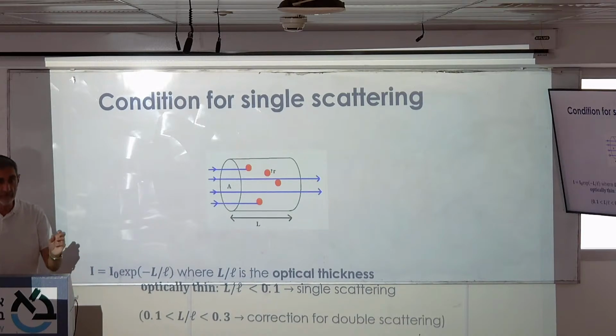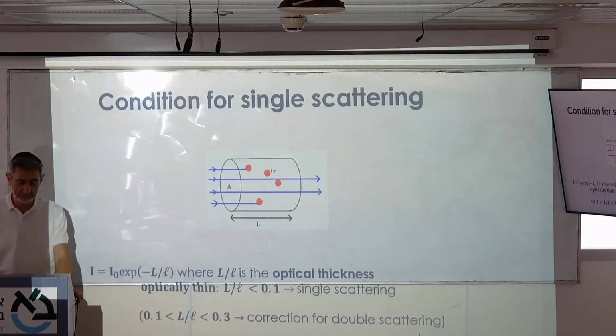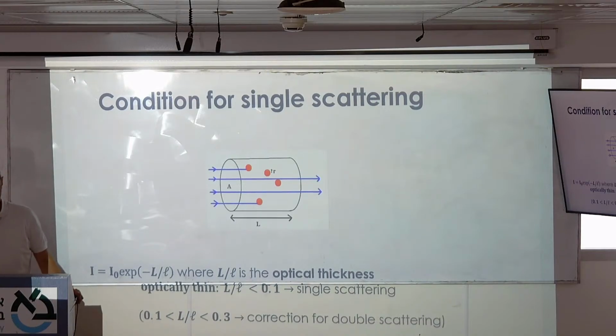Okay, so I try to give you some feeling of this condition. It's not obvious to see the difference between independent scattering and single scattering. Those are two different conditions. If I ask you which one is the more severe condition, which one gives the worst constraints?